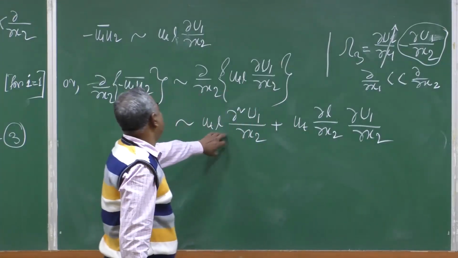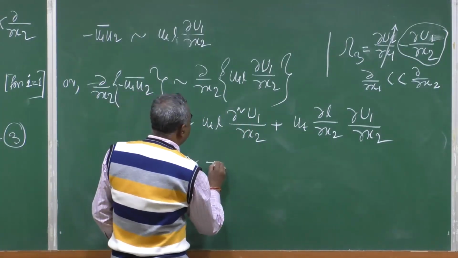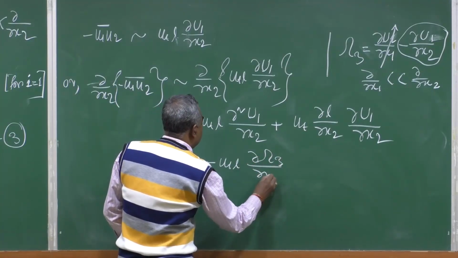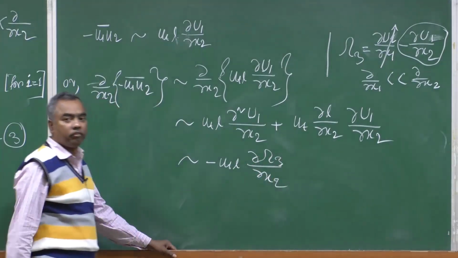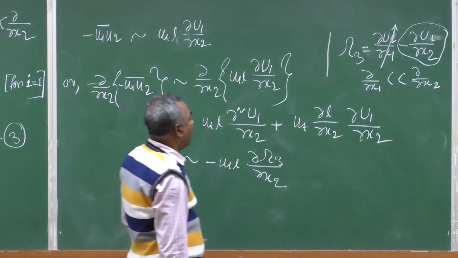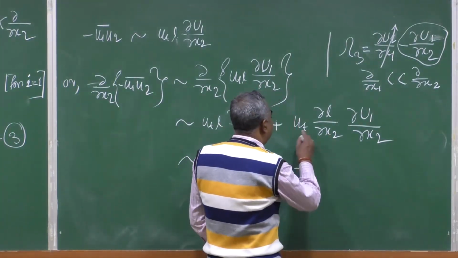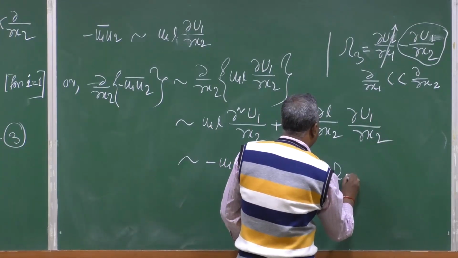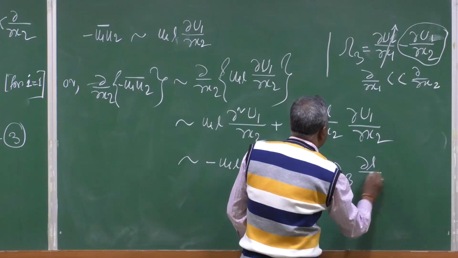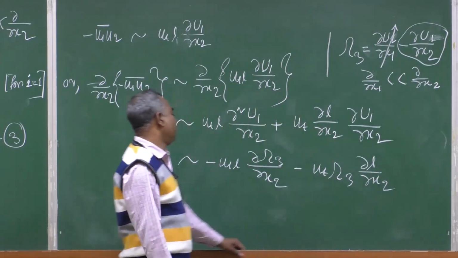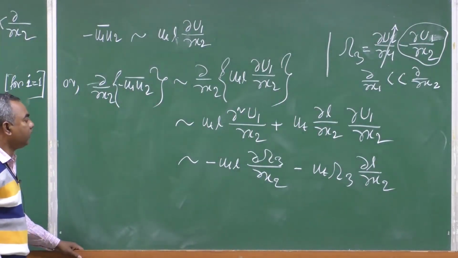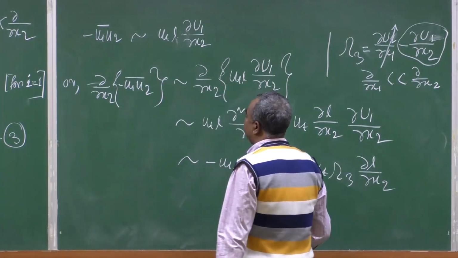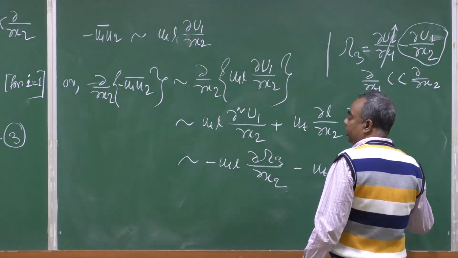That means, this side we can write as u_t L, this is omega 3 del x2. And once again, this can also be written as u_t, this is omega 3, del x2, right. Now, let us say this is our equation 5.